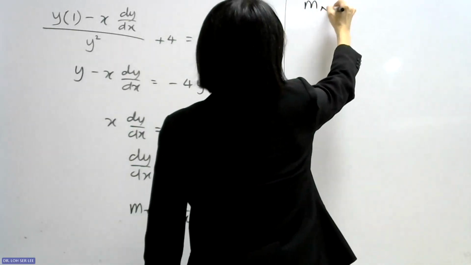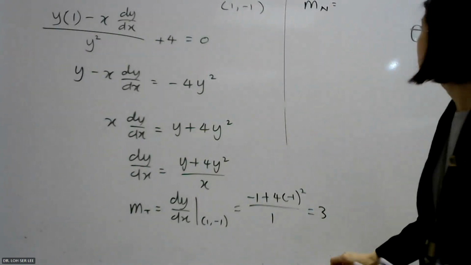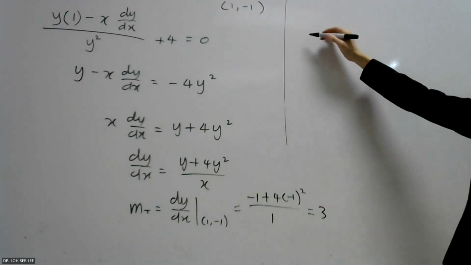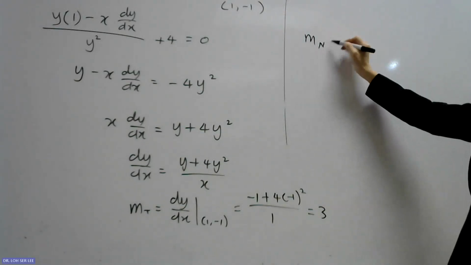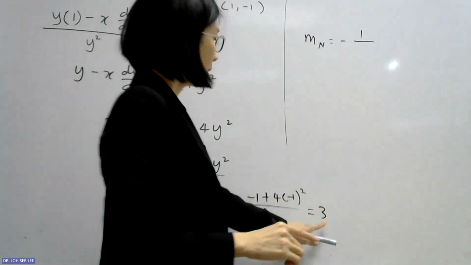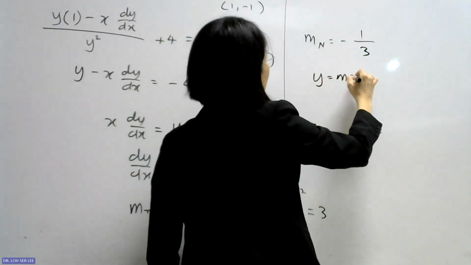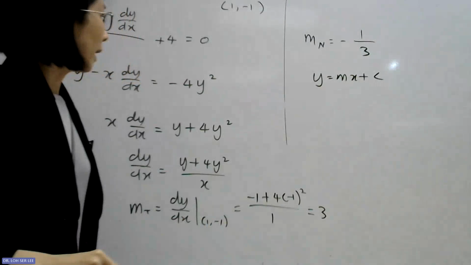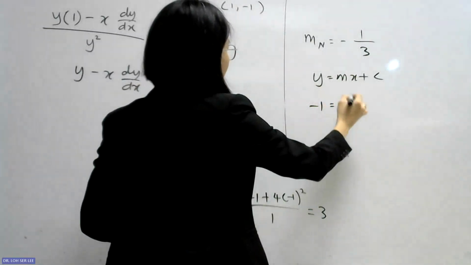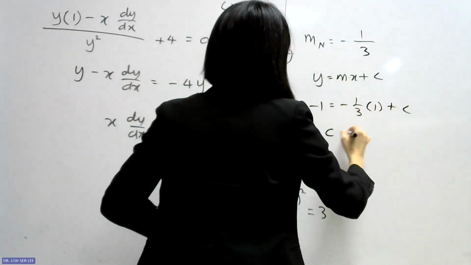So your n for the normal line will be negative 1 over 3. Then y equals mx plus c. Your y is negative 1, n is negative 1 over 3, x is 1. Find the c.